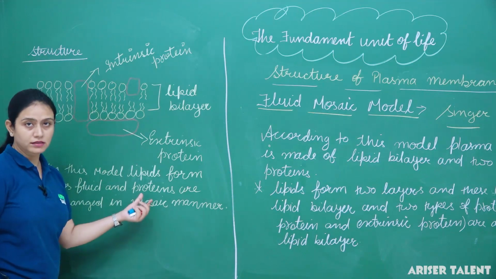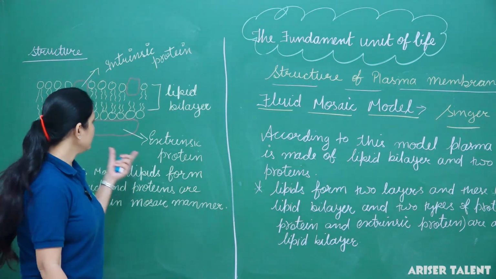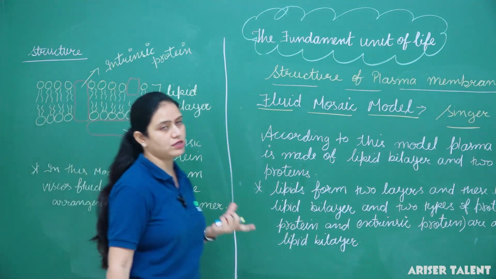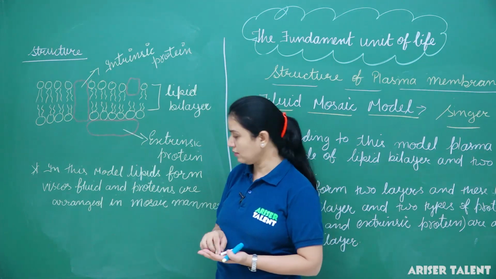This is the reason this model is known as fluid mosaic model. Clear? So, hope it is clear to you with the structure also, and this is the structure of what? Plasma membrane. Clear?